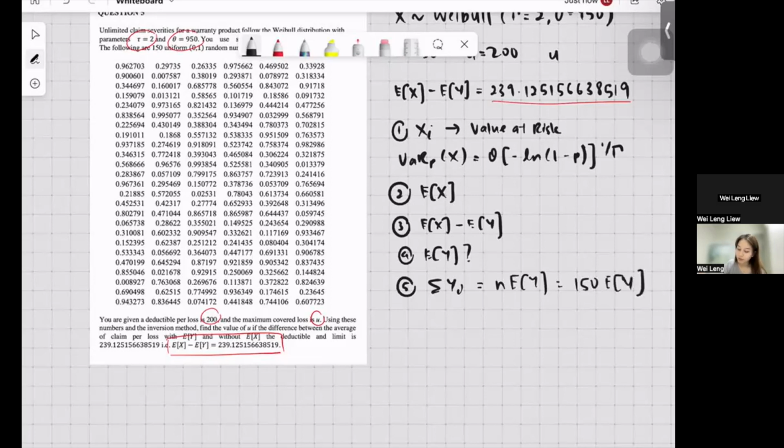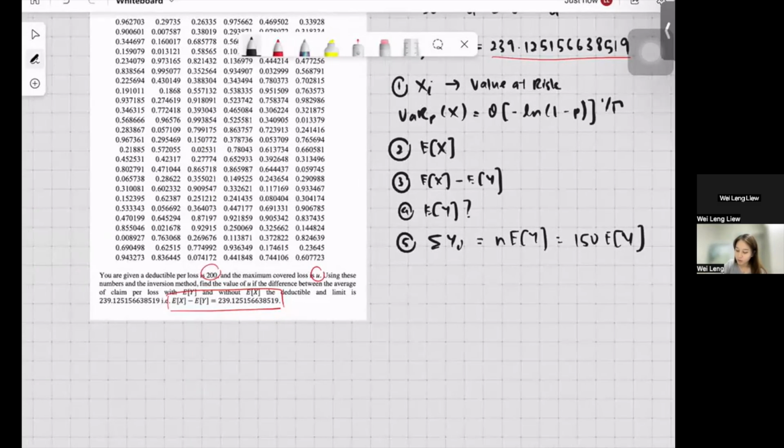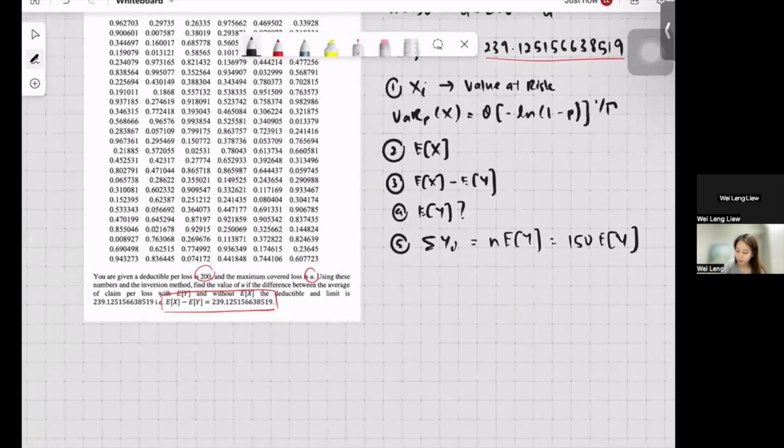Once we've gotten our summation of YI, we will be using a technique on Excel called goal seek. But before that, we have to find our payment per loss, that is our YI, for each of the random numbers generated.